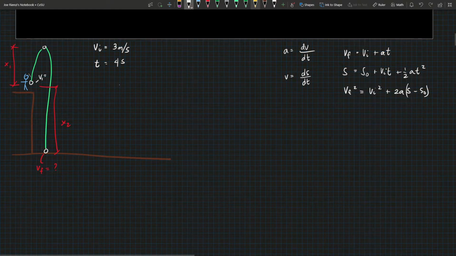The first part is the rise, and the second part is from the top down to the ground.